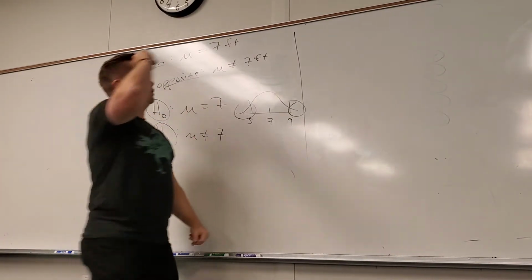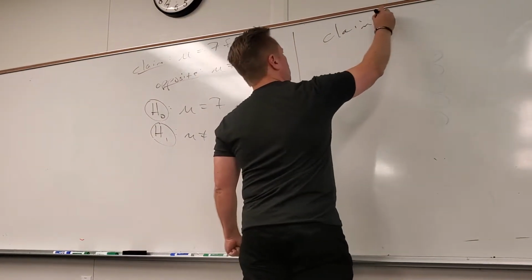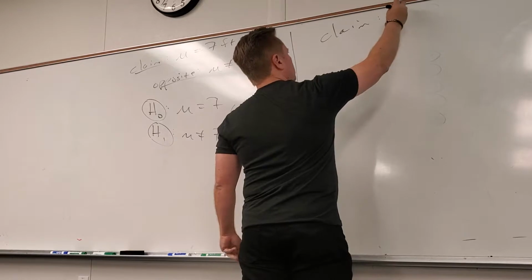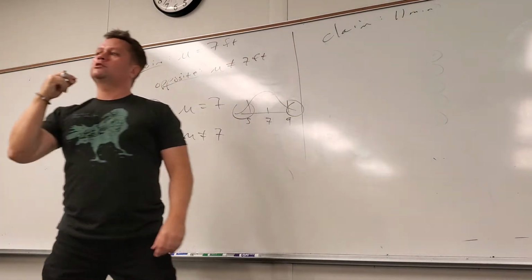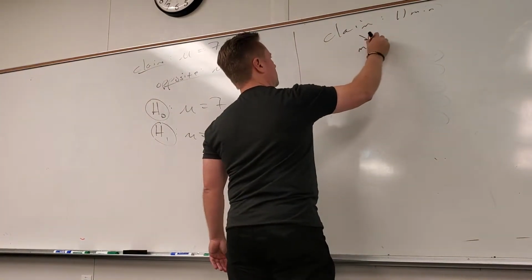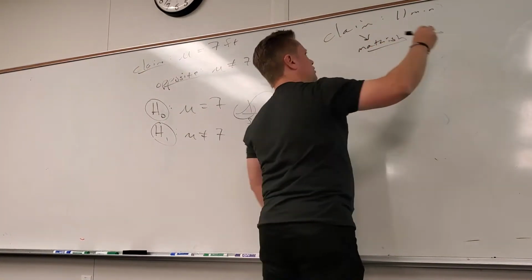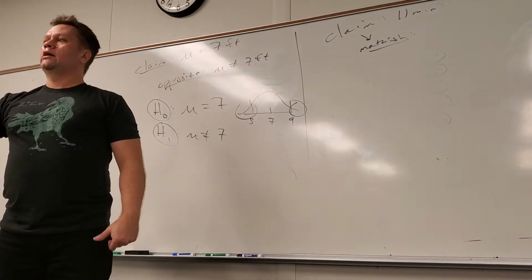Now watch this. What if I had a claim that some drug works faster than another drug? So like one drug takes 11 minutes, and I claim that my drug works faster. So what's my claim in mathish? My drug works faster. Yeah, mu.